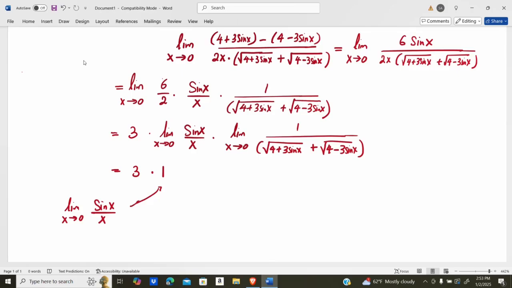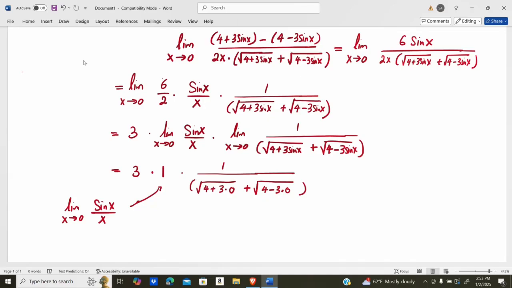And then the third term, limit as x goes to 0 of 1 over that square root term. Inside this first square root, I have 4 plus 3 sine x, but as x goes to 0, sine x goes to 0. Then I have a plus, another square root, 4 minus 3 sine x, and again as x goes to 0, sine x becomes 0.